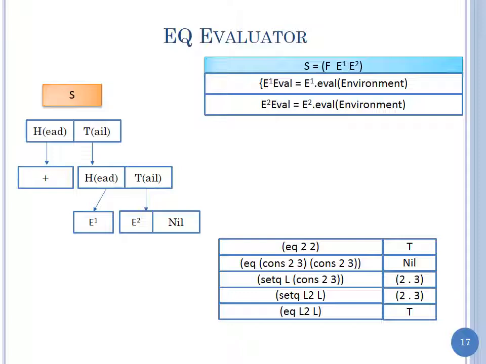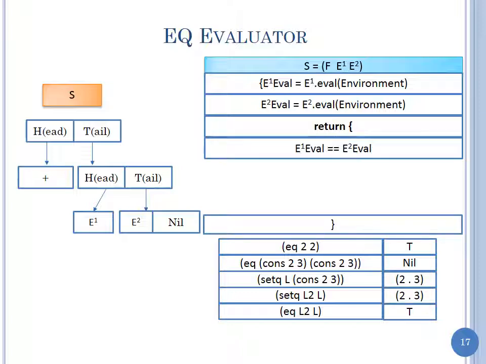Yes, that means when you did the first setq, that cons 2, 3 got stored in L, and then you compared L with L again. So that's guaranteed to be true.